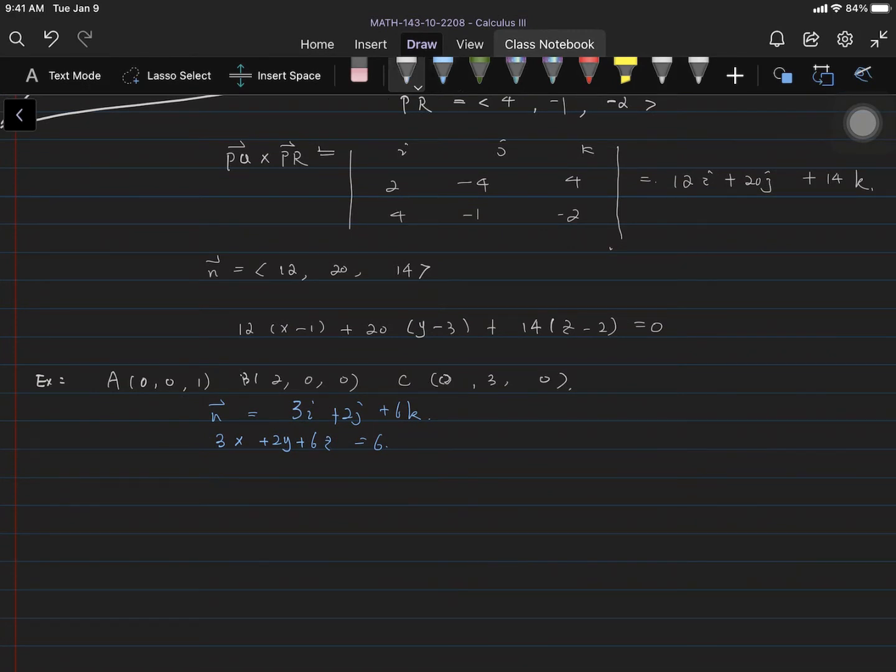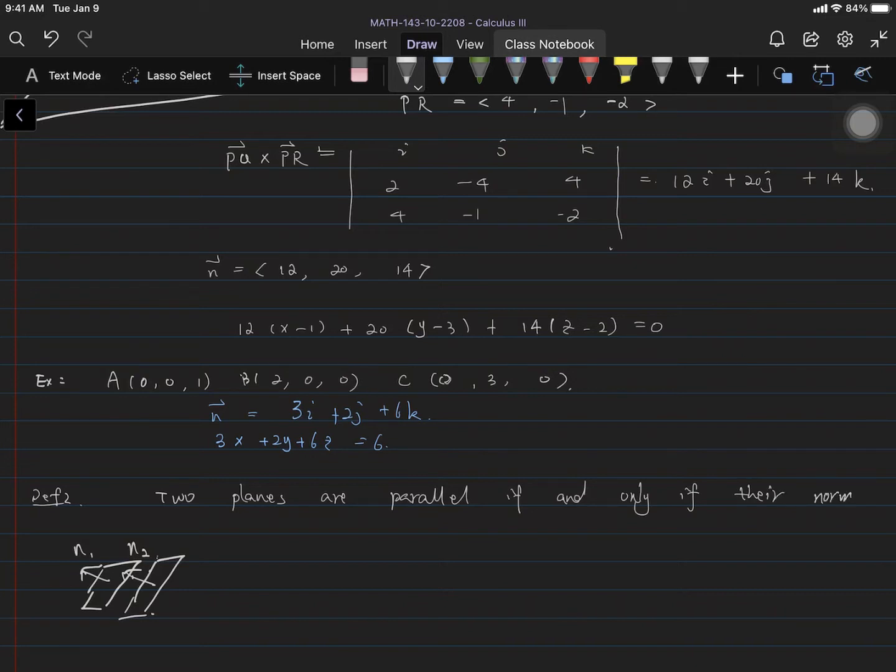Next we have Definition 2. Two planes are parallel if and only if their normal vectors are parallel.